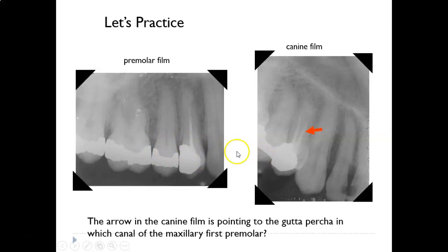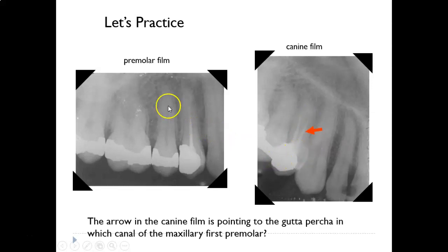And so then you look to see, well, this one stayed the same, right down the middle, but this one moved mesial. So if your beam moved distal and this canal moved mesial, that's opposite. So then this must be your lingual canal.